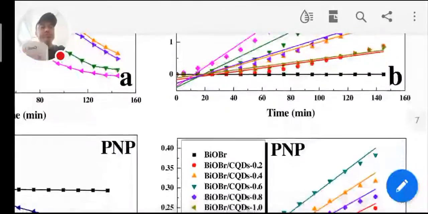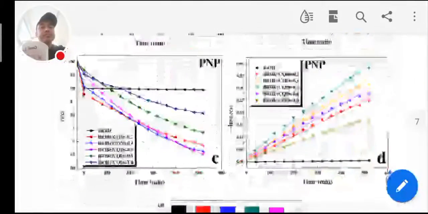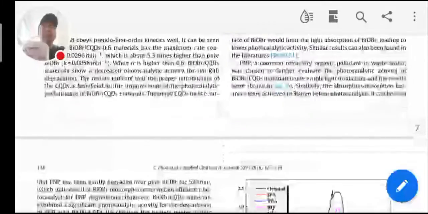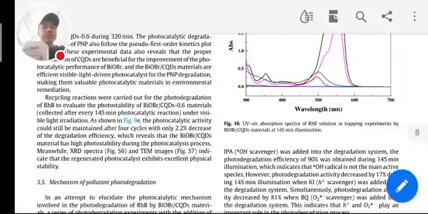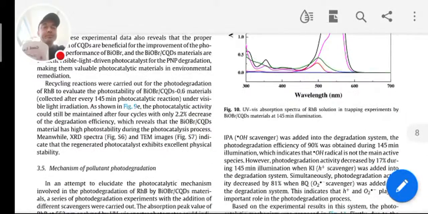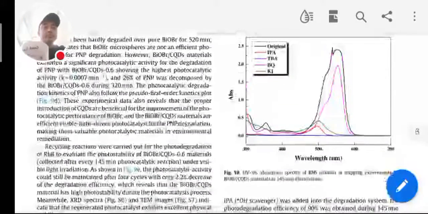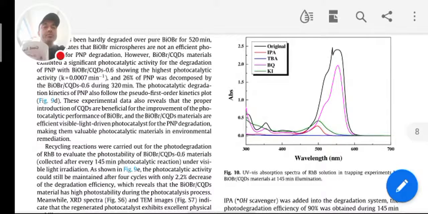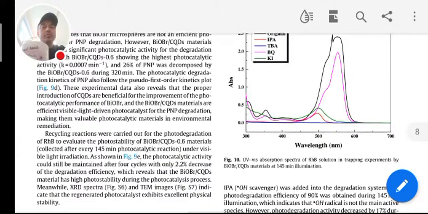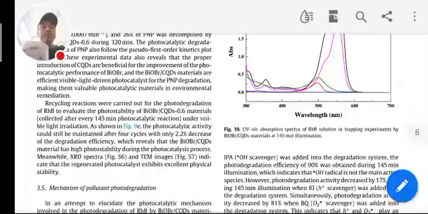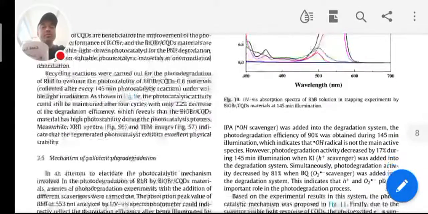So this is a review of this paper. Again, here are some results of UV absorption of the rhodamine B trapping experiment by BiOBr quantum dots.